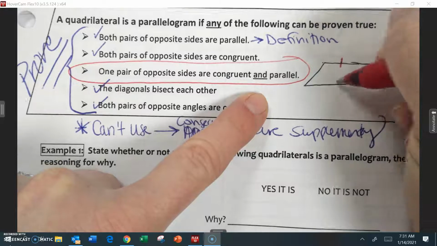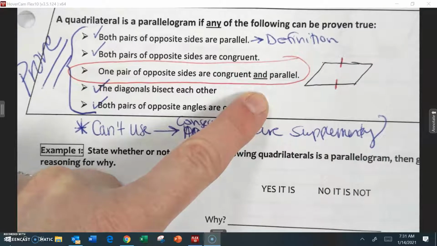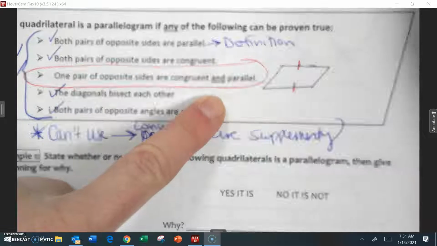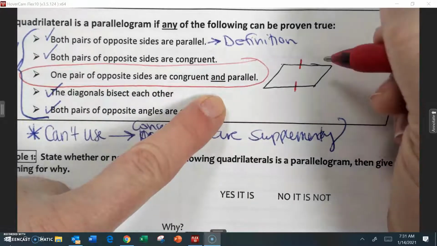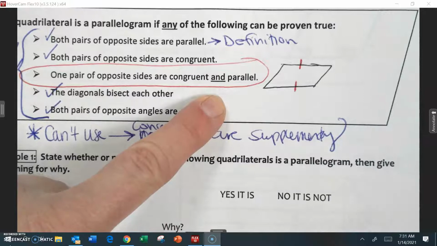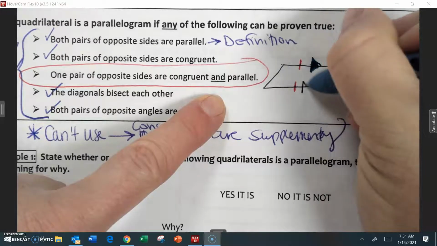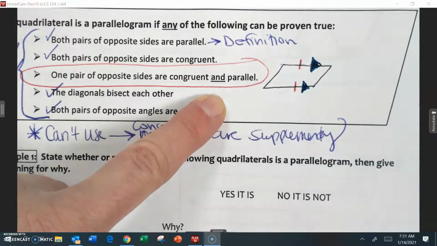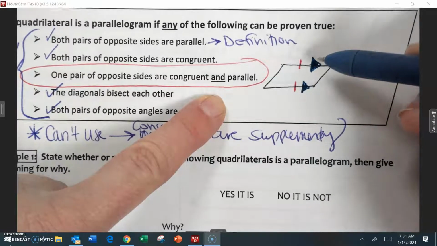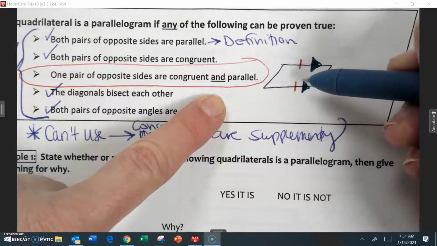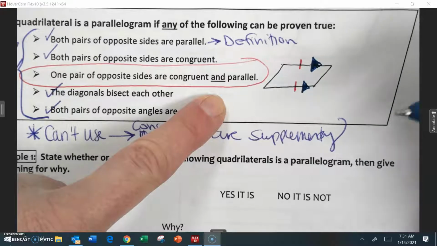I'm going to mark one pair of opposite sides. I draw this picture. One pair of opposite sides are congruent. See how I have them marked? But what happens is that same pair, everyone, has to be also parallel. So notice the same pair of opposite sides that are marked congruent are the same that are parallel.